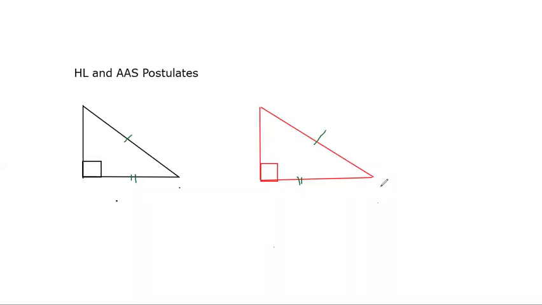Why does this not work with regular triangles? For instance, this situation. Why can we not say that two triangles are congruent simply because they have two side lengths the same? So there's two side lengths that are the same, and we'll have those exact same side lengths, but we'll change that angle in between.